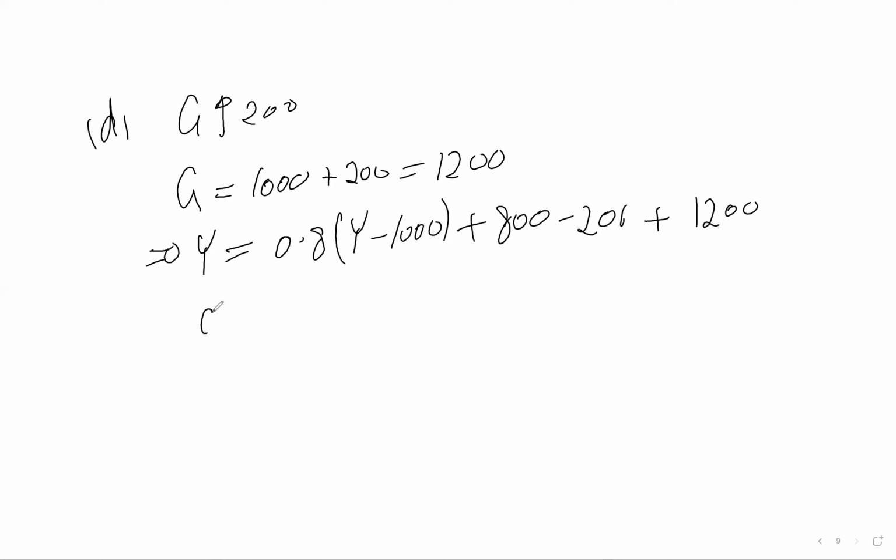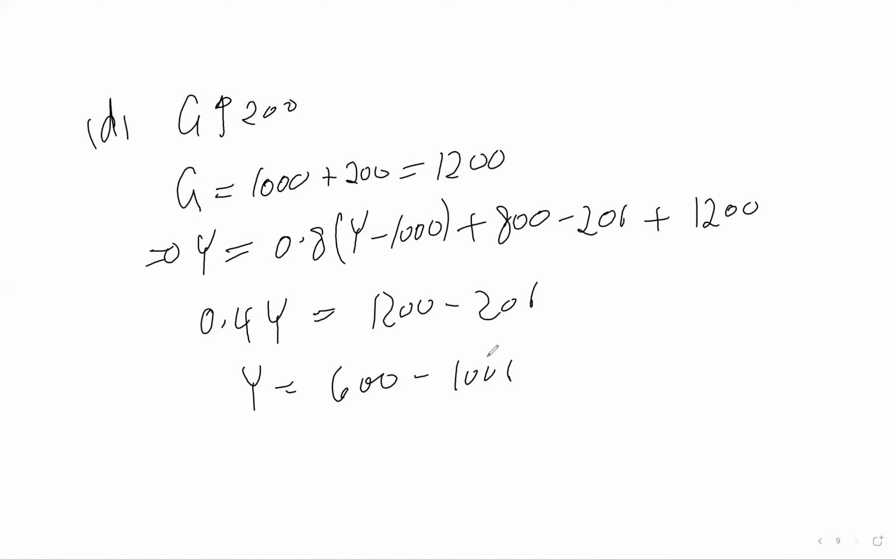Therefore, when we do the calculation, we get 0.4Y equal to 1,200 minus 20R, and therefore Y is equal to 3,000 minus 50R, and that is equation number 3.